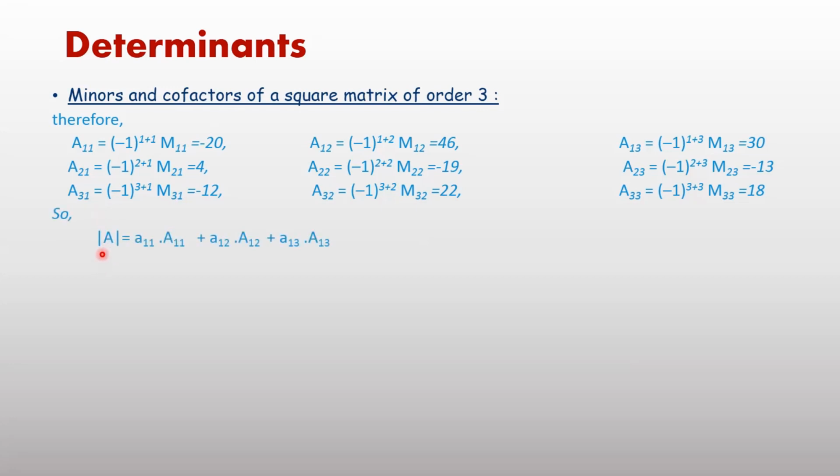Then determinant of A you can expand along any row or any column. Here I have taken the first row. For the elements of the first row, multiply by the corresponding cofactors and add them.